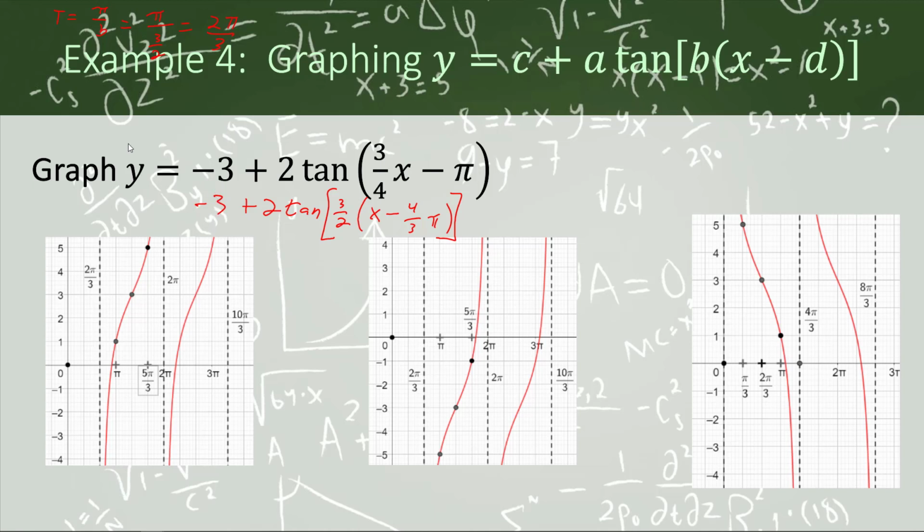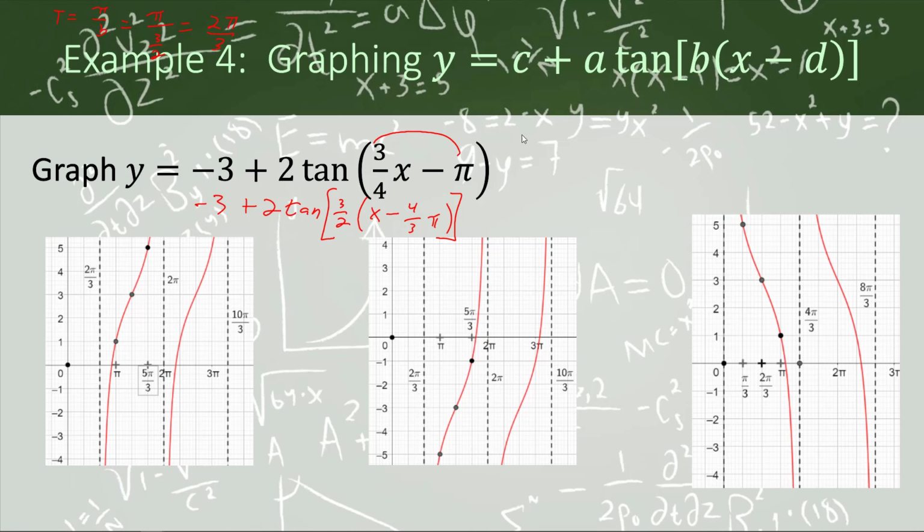Our first vertical asymptote can be found by solving the equation where we set the argument equal to -pi/2. Now we can set this value equal to -pi/2, or we can set this value equal to -pi/2. They're both the same value. It's just that one has a factored form.